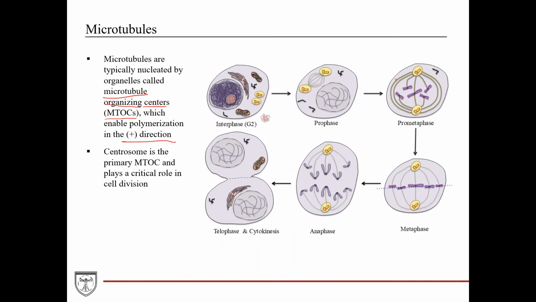And these lines right here, these are actually your microtubules. And then here, the centrosome is actually the primary MTOC and is critical in cell division. And so right here, this would be your MTOC, and then same thing here, MTOC. And so these help anchor the microtubules and again enable that polymerization.